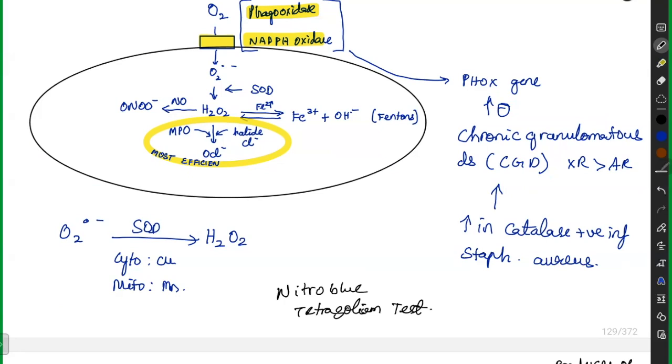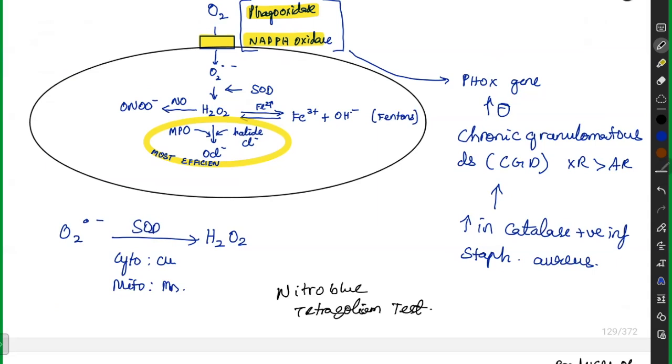Negative in chronic granulomatous disease and positive in normal individuals. This test tells whether or not the PHOX enzyme is present, not how much they are affected. And you also have dihydrorhodamine test and cytochrome C reduction assays.